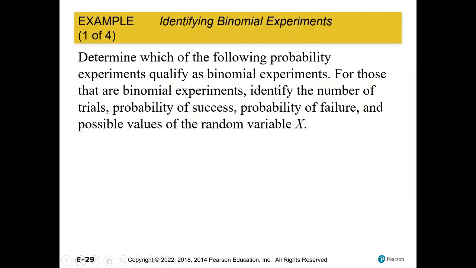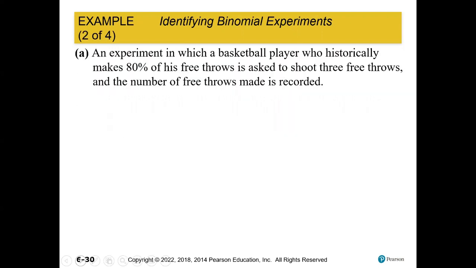We're going to decide first, are these binomial experiments? So for those that are binomial, we will identify the number of trials, the probability of success, the probability of a failure, and possible values that we could ask. Okay, number 1. An experiment in which a basketball player who historically makes 80% of his free throws is asked to shoot 3 free throws, and the number of free throws made is recorded. They're only asking for 2 things here: makes or doesn't.